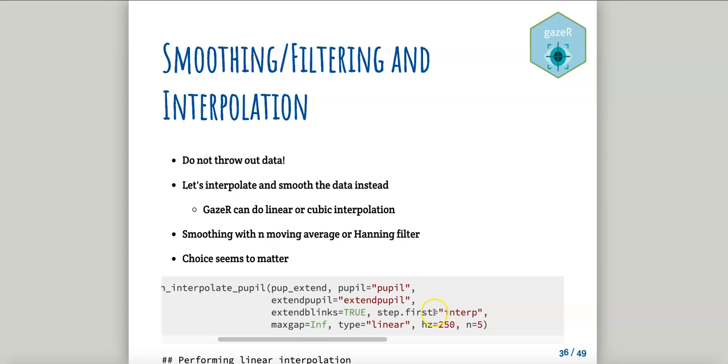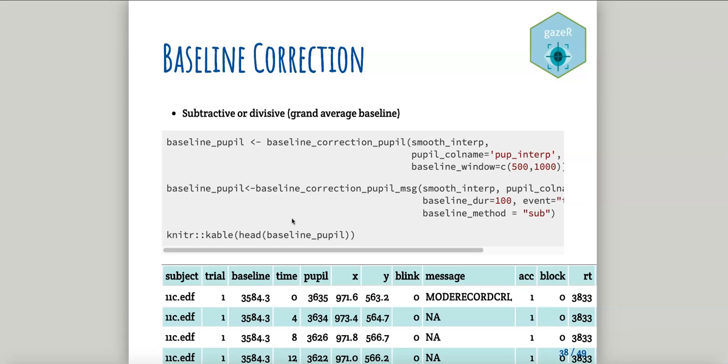And if you want to do interpolation first or filtering first, max gap is just how many NAs you want to interpolate over. Type is if you want to do linear or cubic interpolation. Hertz is the sampling rate of your eye tracker, and N is just how many samples you want to average over.